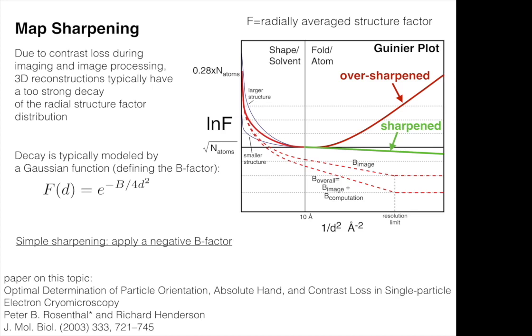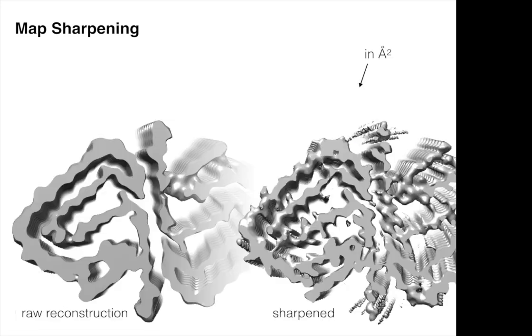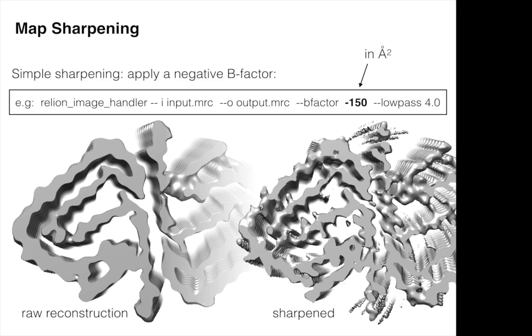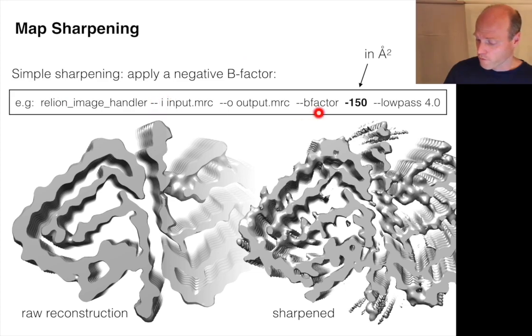It's also used in X-ray crystallography to improve the electron density maps that you get, especially if you have lower resolution. Then you often have a too strong or very large B factor, and then you can sharpen your map with a negative B factor. Applying a negative B factor, just as an example, you can do this with Relion very easily.